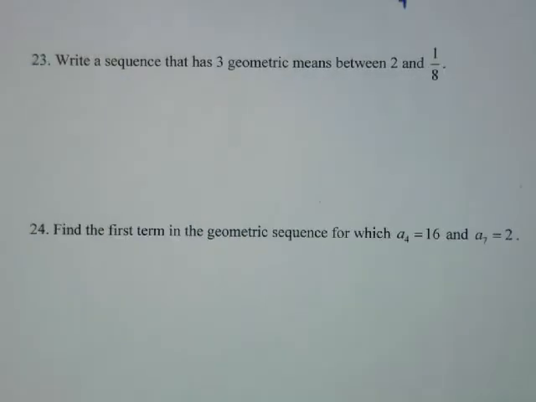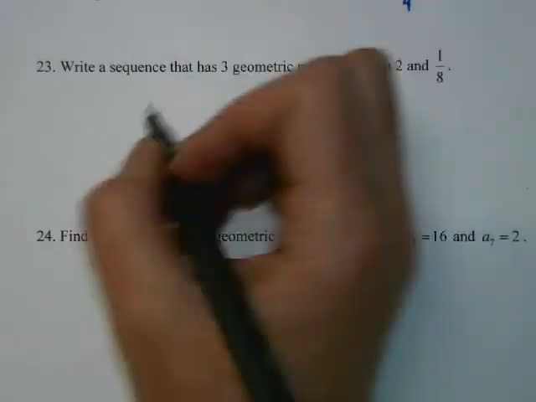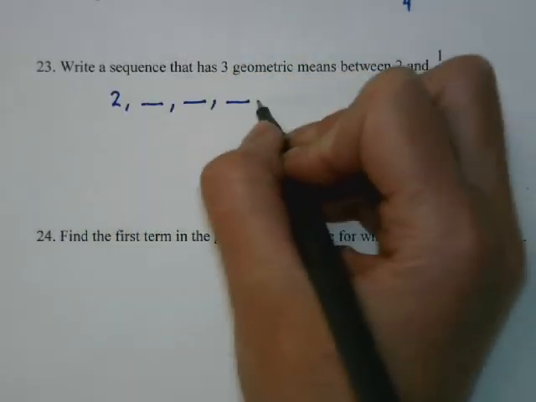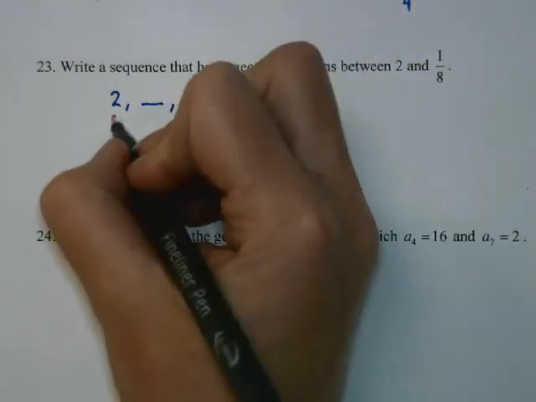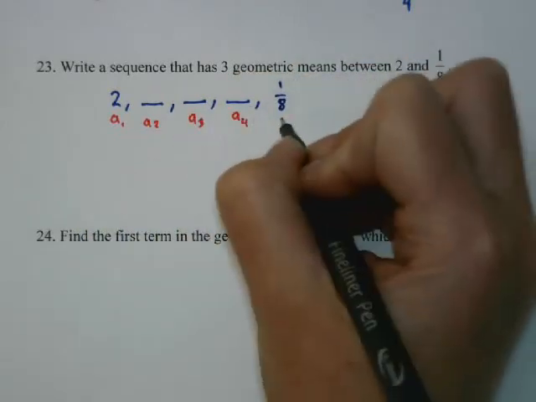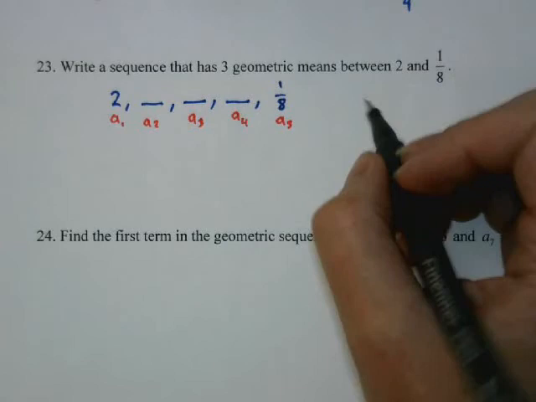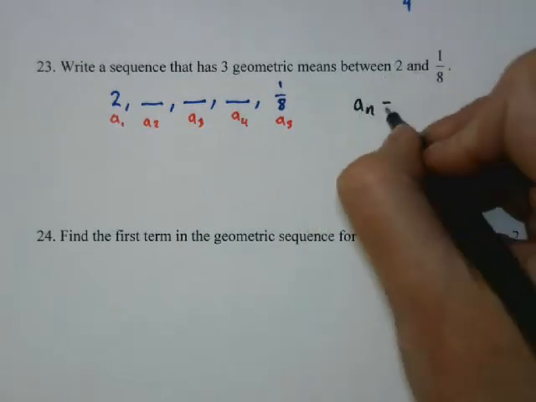Next up, we have a geometric sequence, and we're going to insert 3 geometric means between 2 and 1/8. So we're going to have 2, something, something, something, 1/8. So again, I'll number these: a1, a2, a3, a4, a5. We'll use the nth term formula for geometric. So an equals a1 r to the n minus 1.